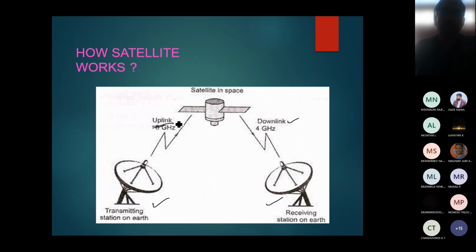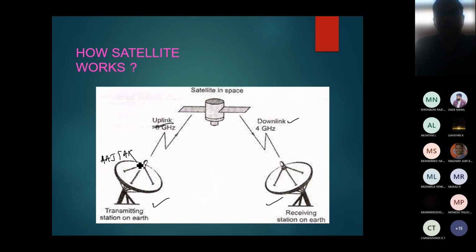And the point to note here is about the frequencies we are using for the uplink communication, that means in order to transmit information to the satellite. Suppose you consider this transmitter. It is nothing but the transmitter of, what do we say, Aaj Tak.